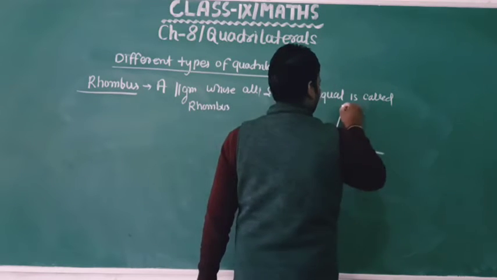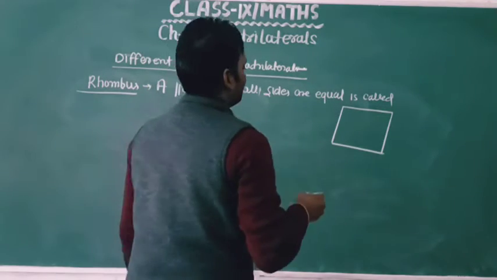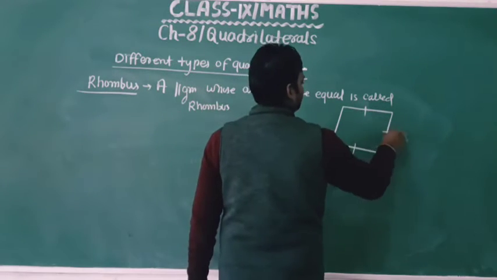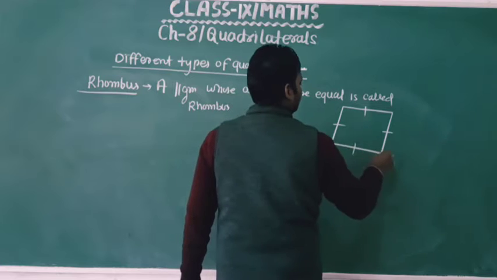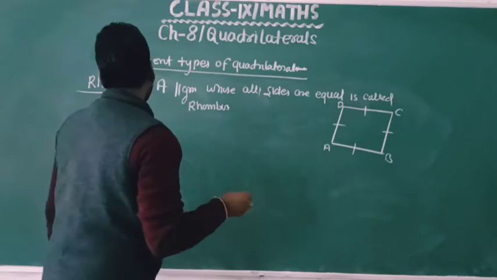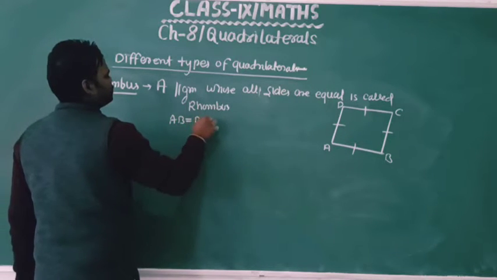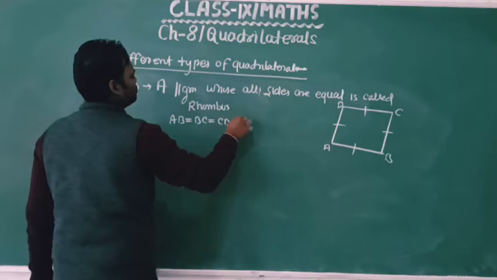So a parallelogram becomes a rhombus when all sides are equal, when these sides are equal. So the parallelogram ABCD is called a rhombus when all sides are equal, meaning AB equals BC equals CD equals DA.